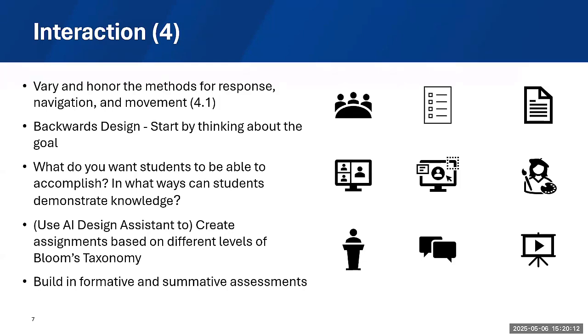What I love about the AI design assistant is it gives me ideas. I don't take anything, even from AI, at face value. I use it for ideas and brainstorming. I'm like, oh, I didn't think about that. And then I go on and build it using my expertise, my storytelling, and where I come from.